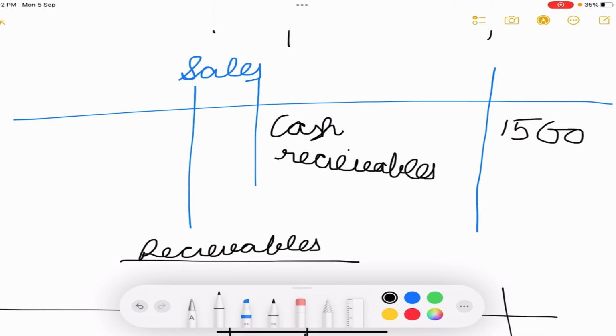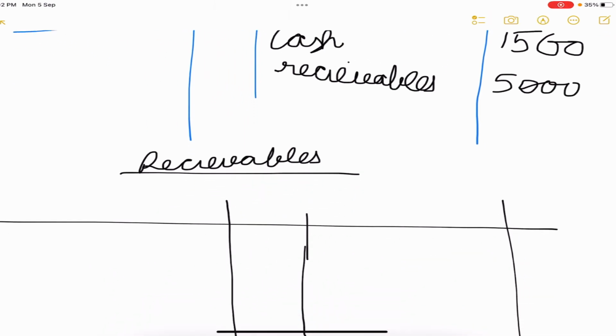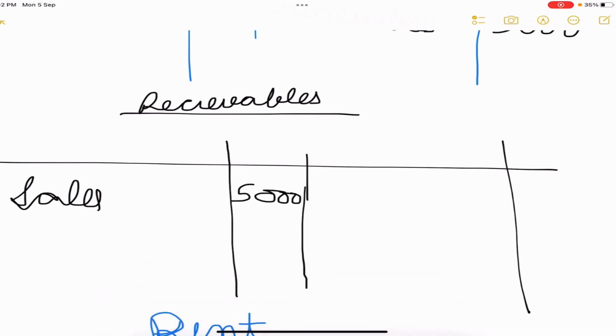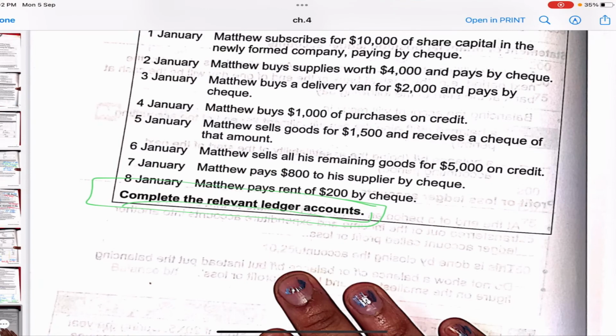So how much are our receivables? 5,000 given in the question. And let's go to our receivables account, and we have sales. And how much is our sales? 5,000 again. Okay, right. The next part.